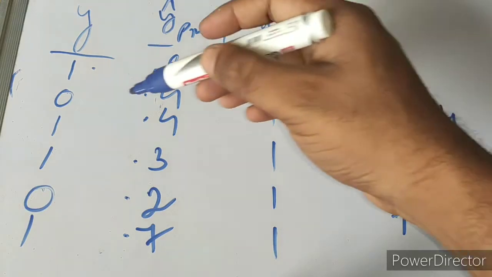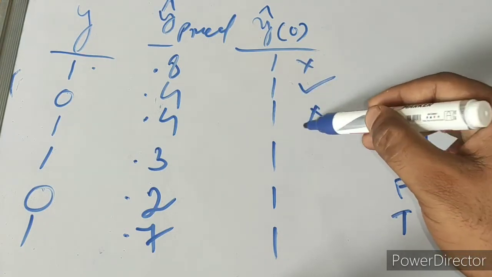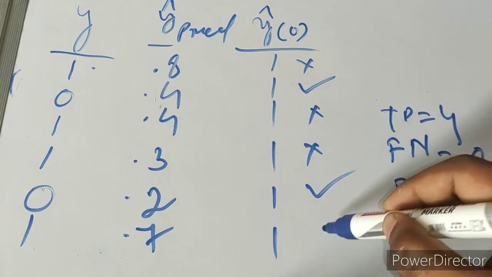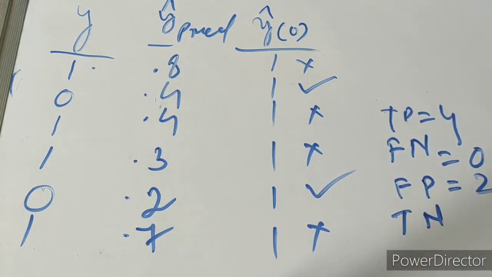So how many? Let's consider. This is incorrect, this is correct. 1 incorrect, incorrect, 2, this is incorrect. So 1, 2. So false positive equals 2.